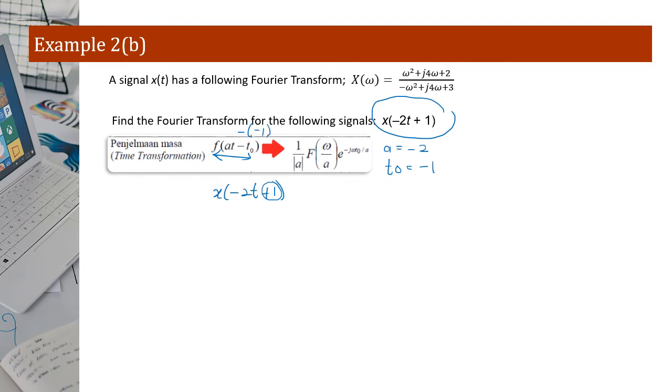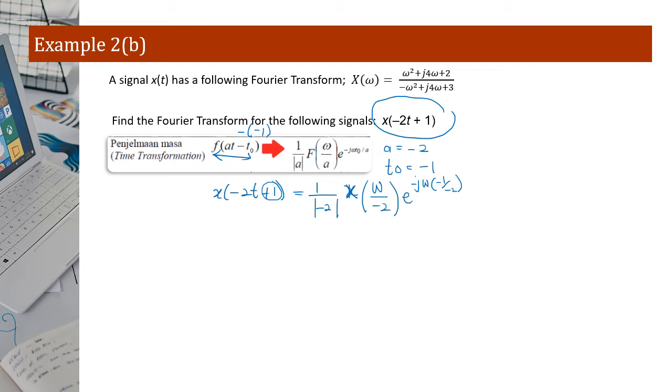So this will produce 1 over modulus of a, which is negative 2, times X, in our case, of omega divided by a, which is negative 2, and then e to the negative j omega times t naught, again negative 1, over a, negative 2.